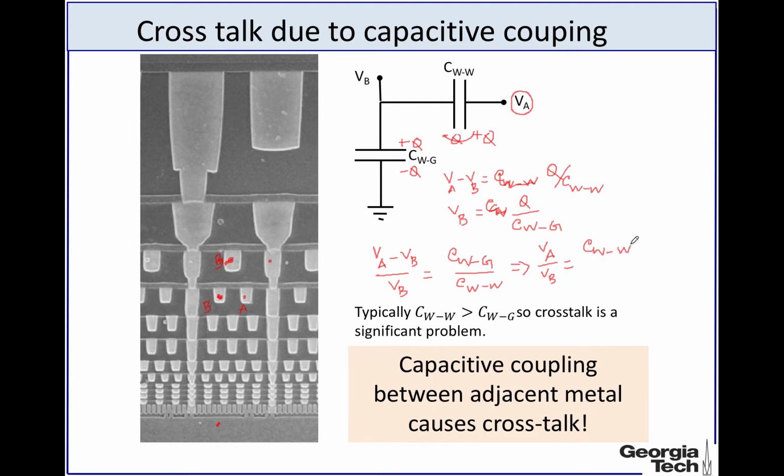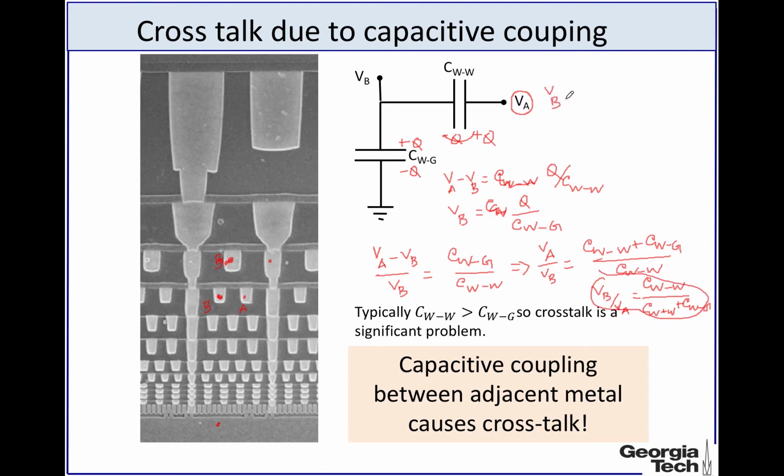CWW plus CWG over CWW. So essentially VB over VA is CWW over CWW plus CWG. So this is the equation, let me write it over here again.